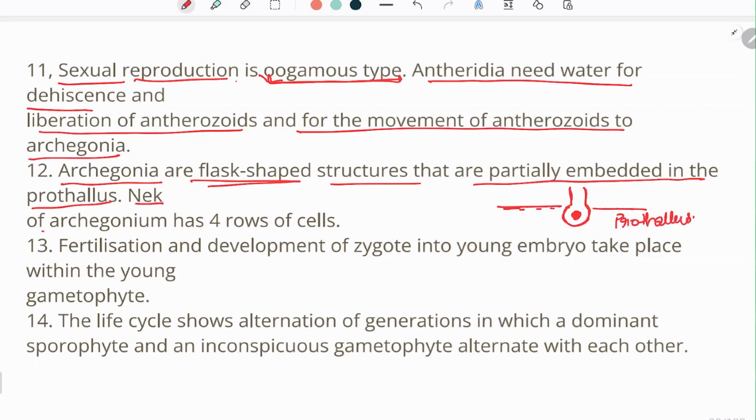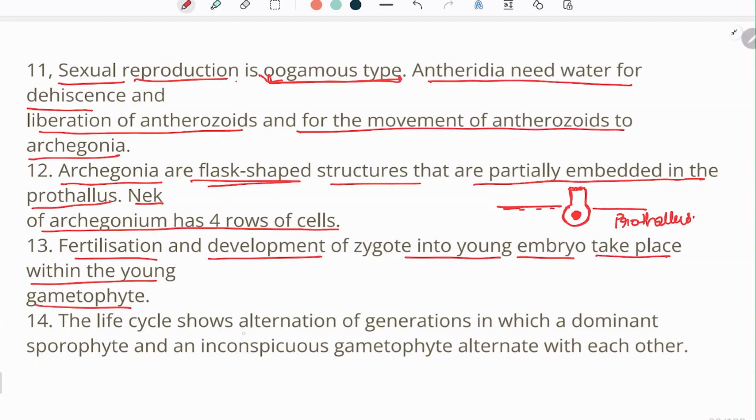The neck of the archegonium has four rows of cells, which will help in the recognition of the antherozoids and their fertilization. Now, fertilization and development of the zygote into a young embryo take place within the young gametophyte. So zygote development will take place in the young gametophyte, that is, the prothallus.